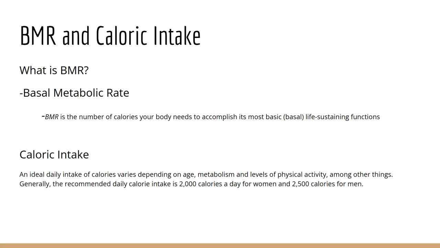So what is our ideal daily intake of calories, varying depending on age, metabolism, levels of activity, and among other things. The recommended daily caloric intake typically is 2,000 calories a day for women and 2,500 for men. So if you ever look on a food label, you will see that it is recommended along these guidelines.